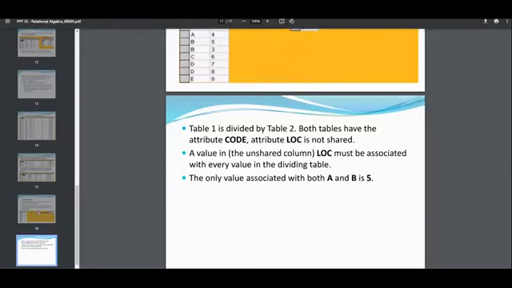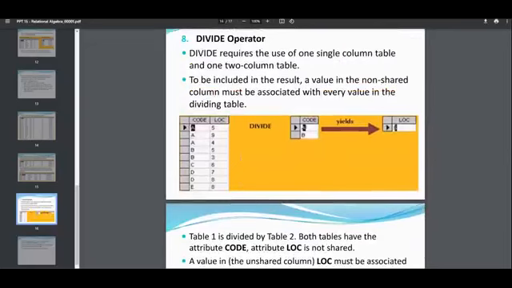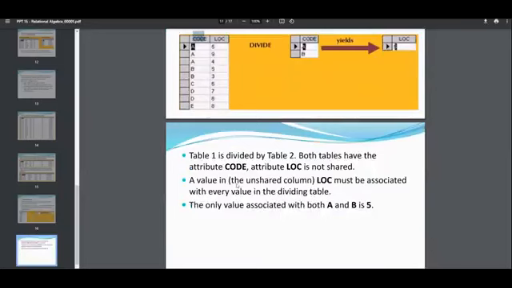Here is the logic. Both tables have the attribute code and LOC code. LOC is not shared, right? And a value in LOC must be associated with every value in the dividing table.